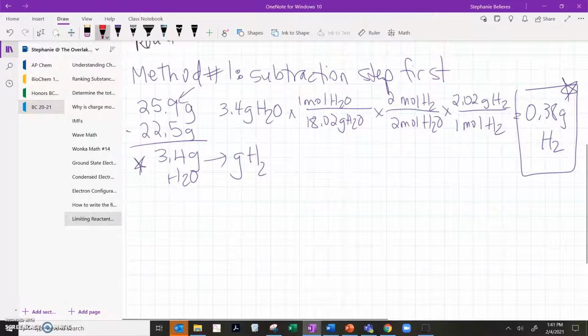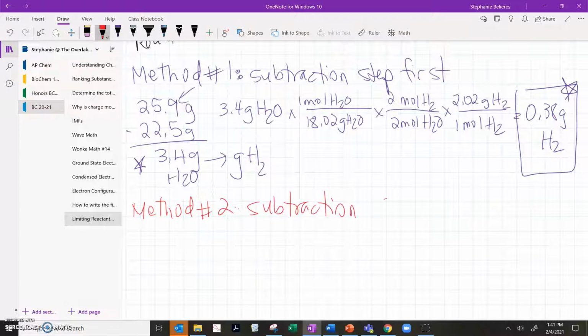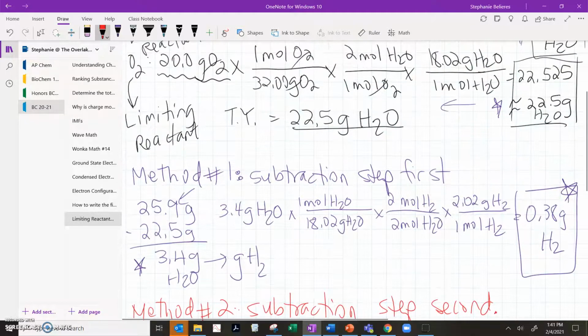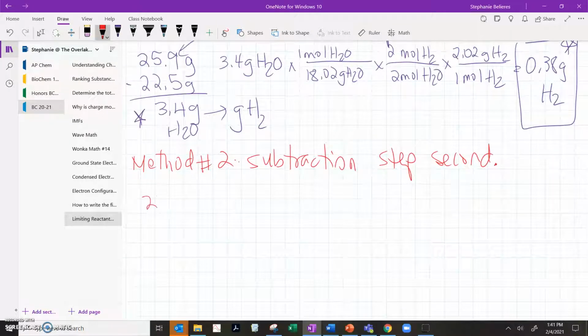All right, so the second method, again, is the exact same, except I'm going to do the steps in reverse. So the subtraction step is second this time. Okay, so now I'm going to start with the mass of the reactant that I just calculated, my theoretical yield, so 22.5 grams of H2O.